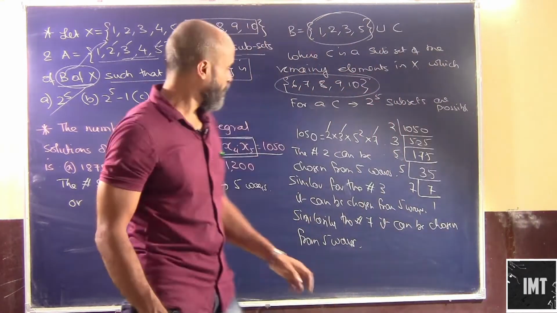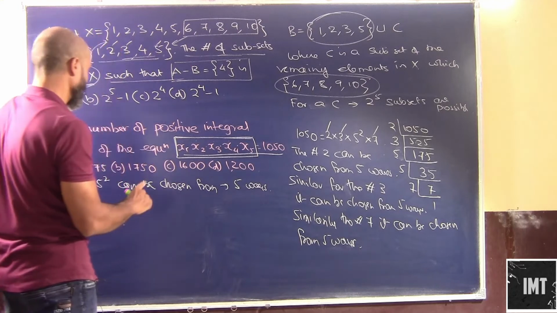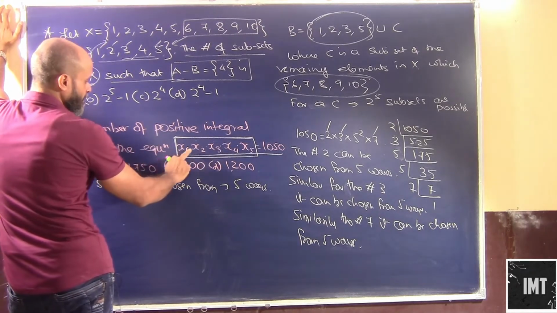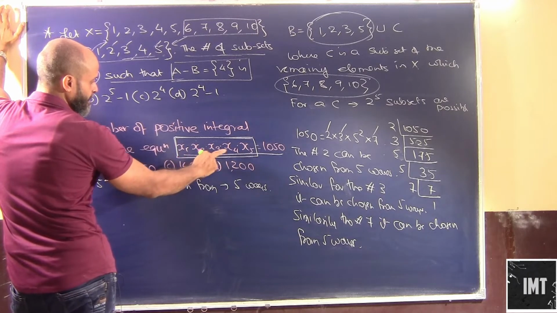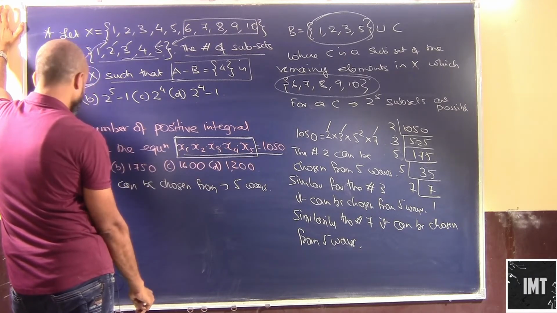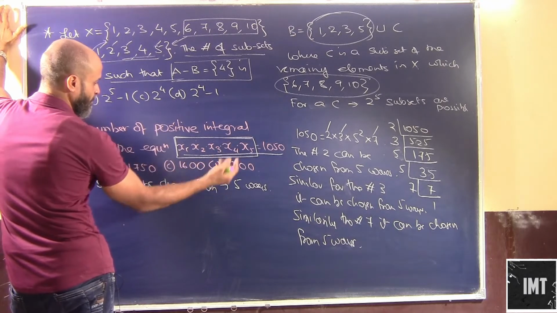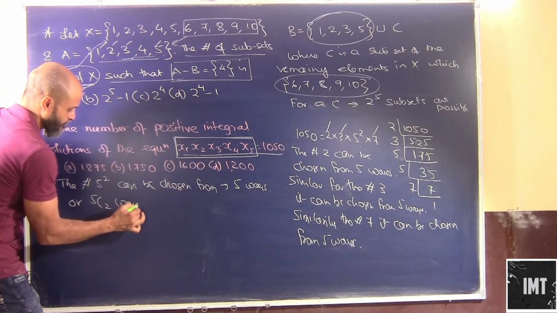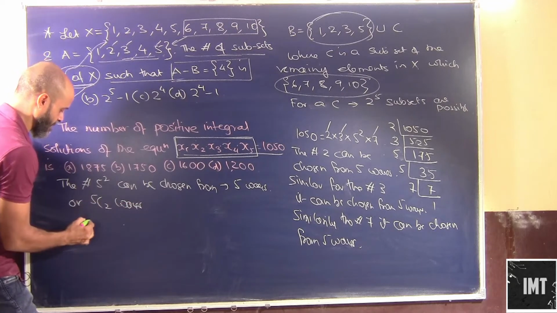So 5 square, which means that we have to fill it in 2 places, right? We have already filled 2, 3 and 7. We have 2 more places to fill. 5 square can be chosen in 5 ways or 5 C2 ways.